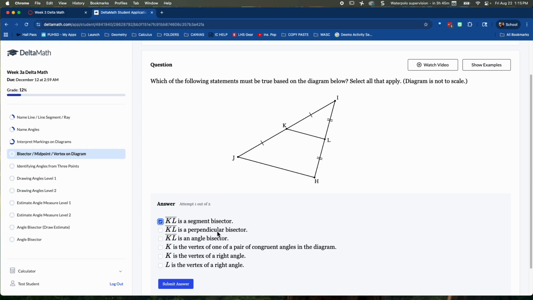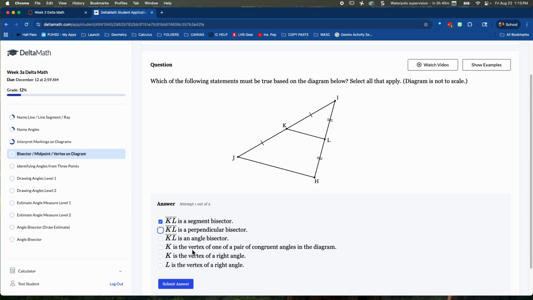Is KL perpendicular? No, I'm not going to say so, because perpendicular means I needed a 90-degree angle, and that's not happening here. Does KL bisect an angle? Does it cut in the middle of an angle that was rotating? It's not doing any cuts on the angles.